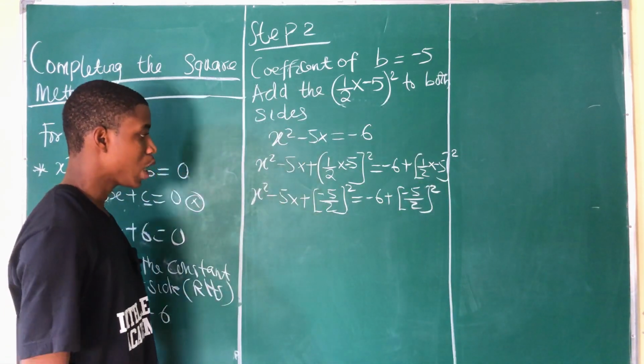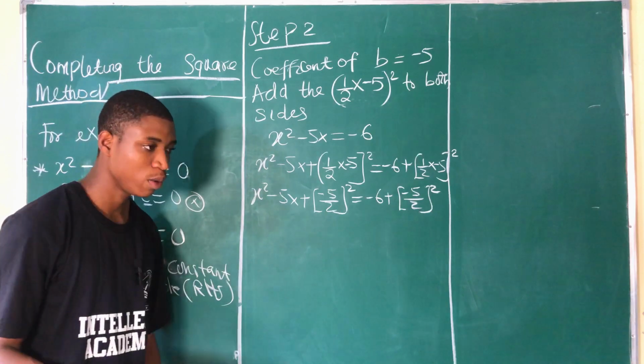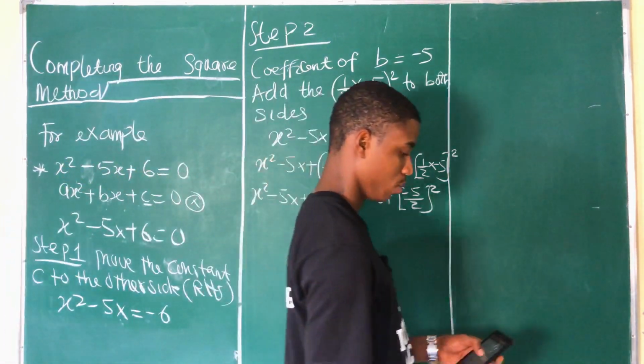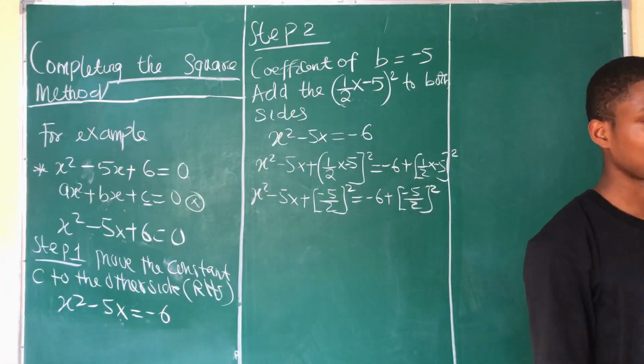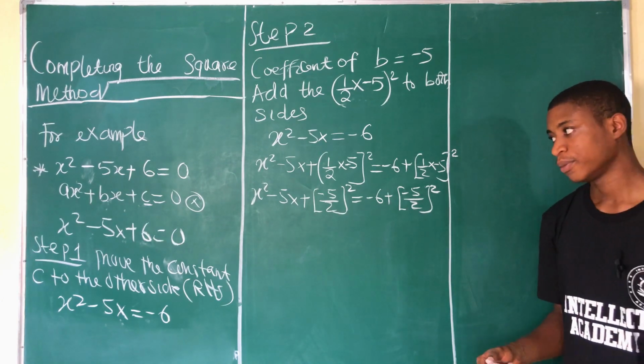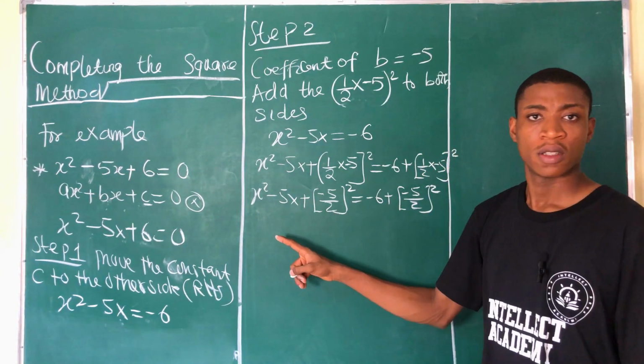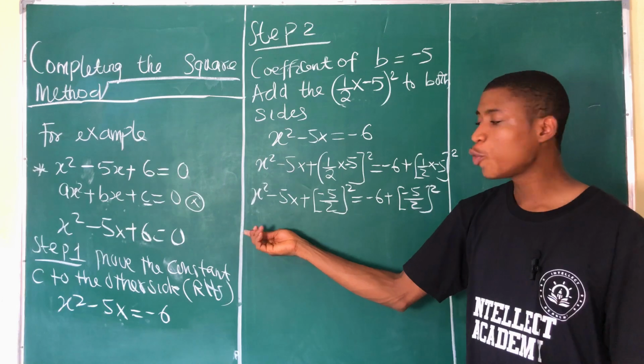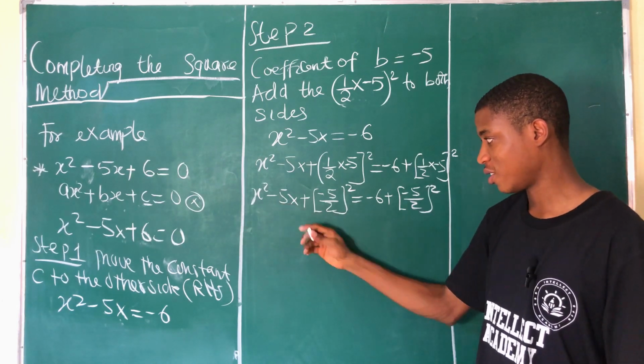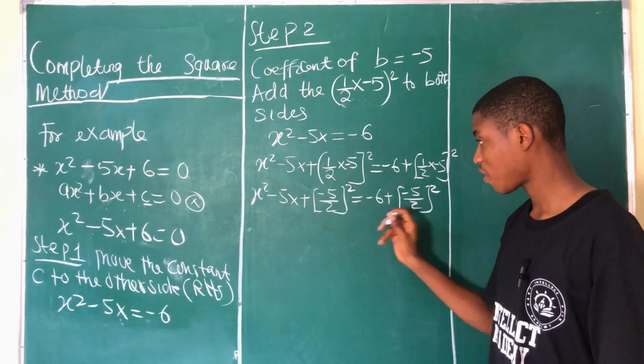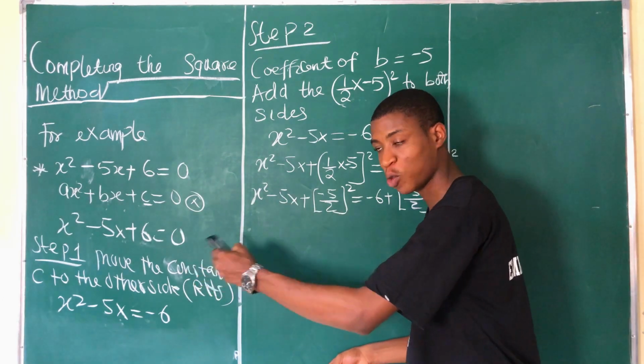Of course, when we reach this point, there's something we normally do in solving a quadratic equation or factorizing a particular term. Let me show you something. Let's put our emphasis on the left hand side of the equation.